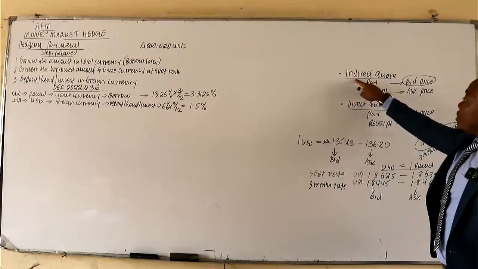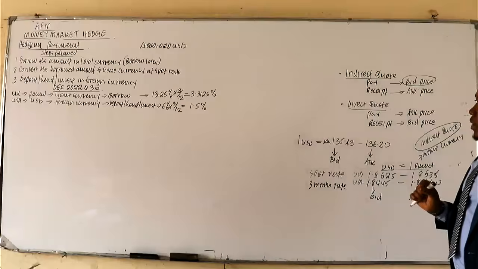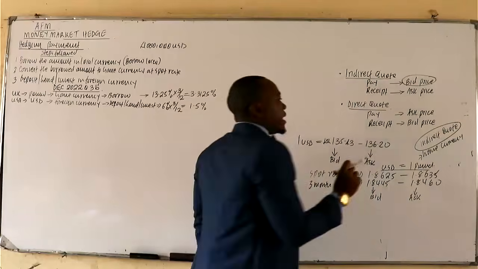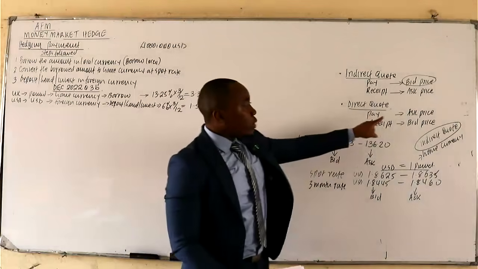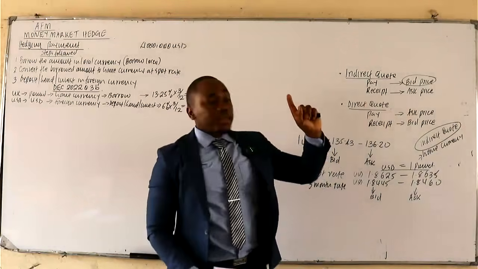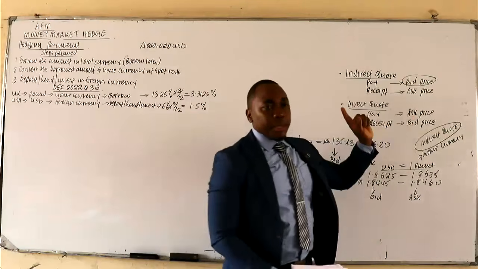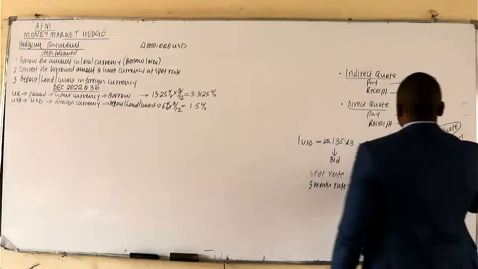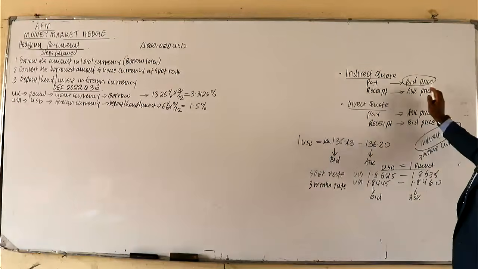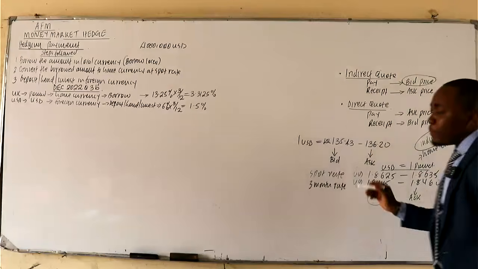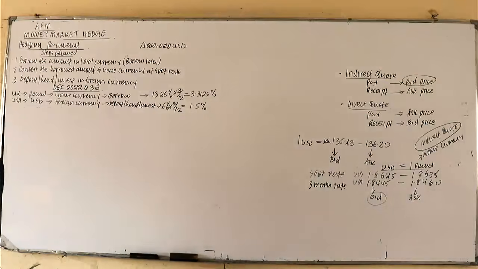If it's an indirect quote and we're expecting to pay, we use the bid price. Also for a direct quote, if we are paying, we use the ask price. If it's a direct quote and we expect to receive, you use the bid price. But in this case, what we have is an indirect quote, and we are paying, so we use the bid price. The bid price is the minimum price.